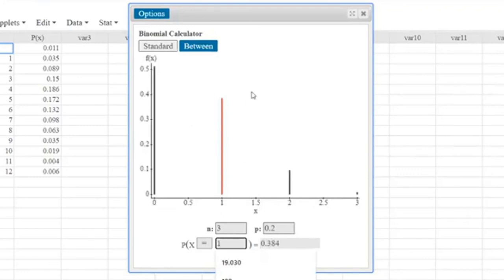So if I want to do the Clarinex problem, for part A, we had 20 trials. The probability of success was 0.05, and we wanted to know the probability of exactly 3 successes.